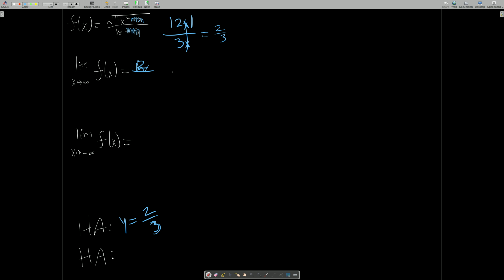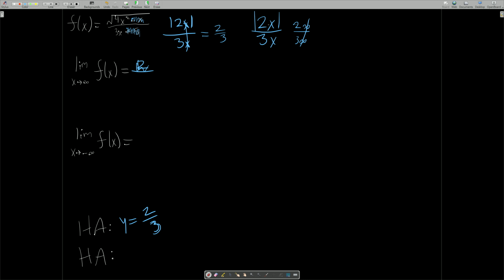However, if you just plug in infinity into this, you're going to get 2 infinity over 3 infinity. The infinities just cancel out, right? That's really simple.